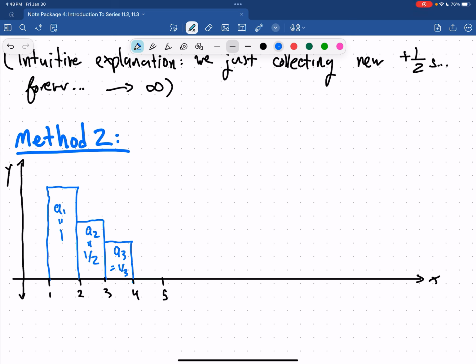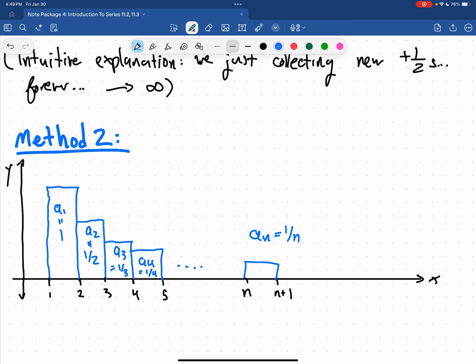Okay, and then, you know, we could keep going. We could go A4 and so on. A4 is 1/4. And then a general AN. So if we are looking between n and n+1, we've got this rectangle AN of size 1/n.